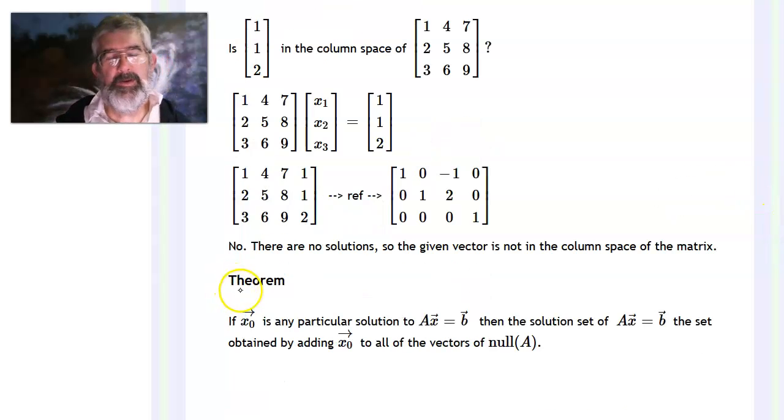And I've got one last theorem to end this video with. It is a theorem we've seen before, but I just want to rephrase it in terms of the language of null space and row space and that kind of stuff.